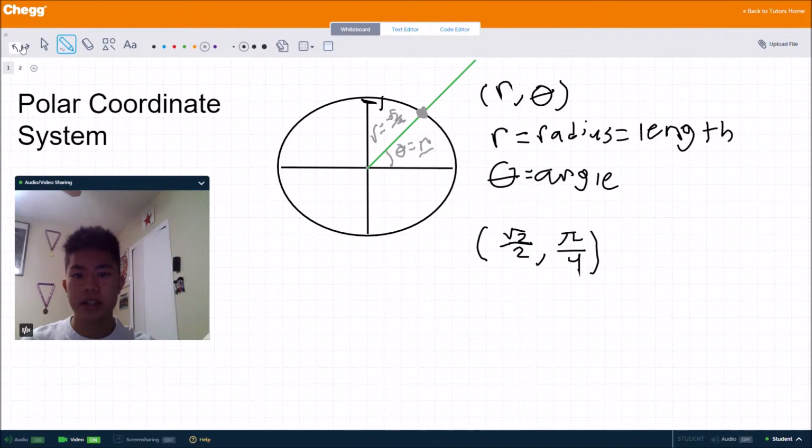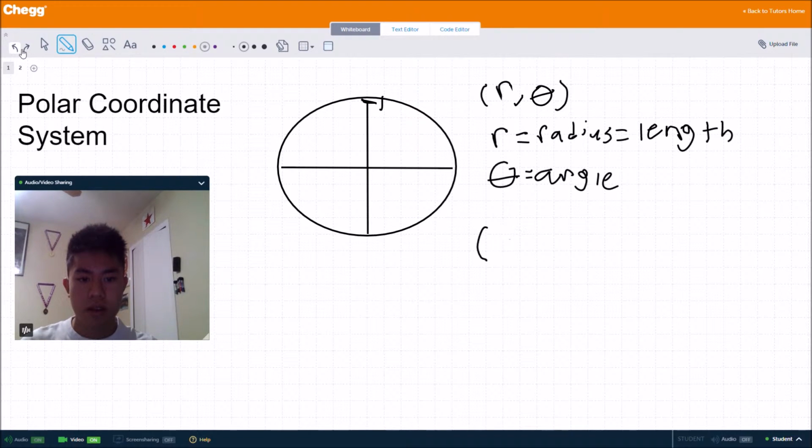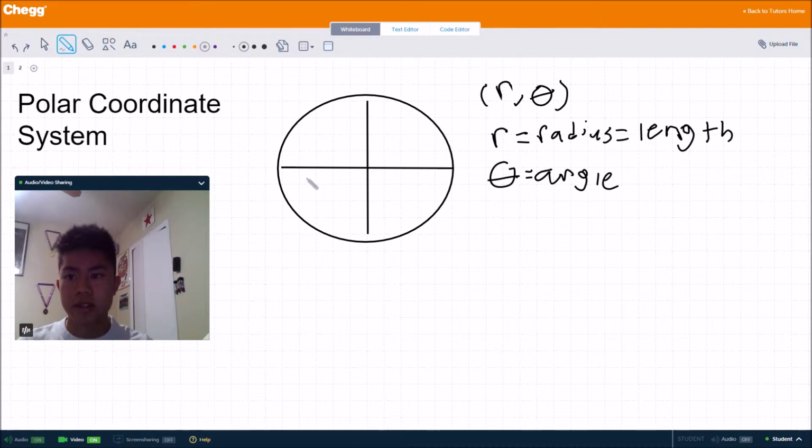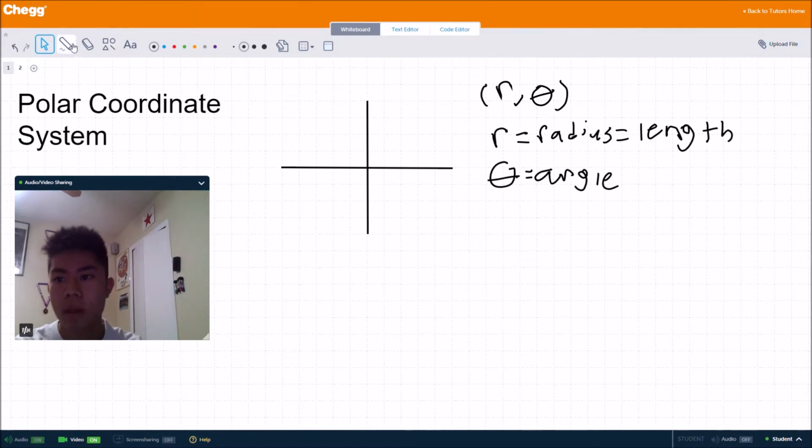Let's take a look at some more examples, and let's say we're not going to use the unit circle this time. It's just going to be free floating. And let me delete this circle. Let's say I have a point, I don't know, 4, 0.